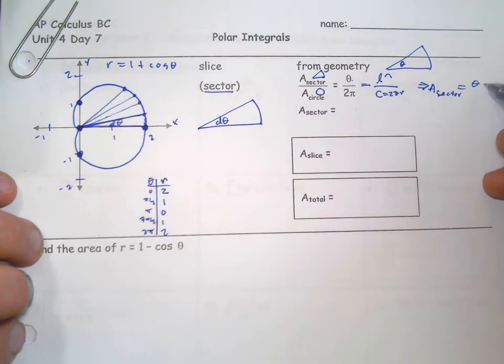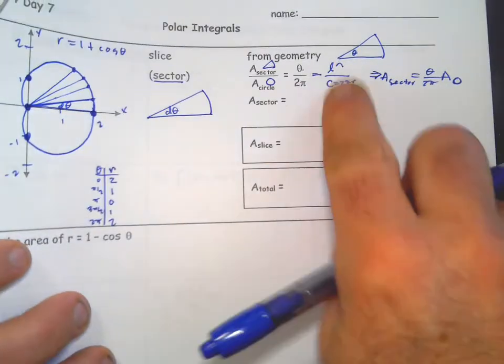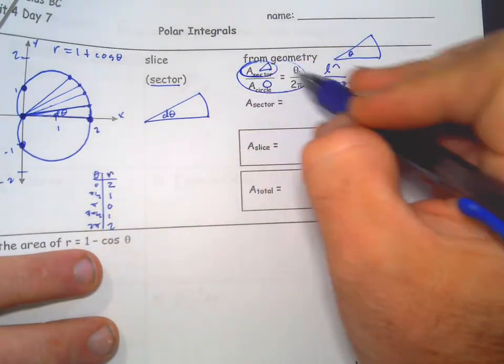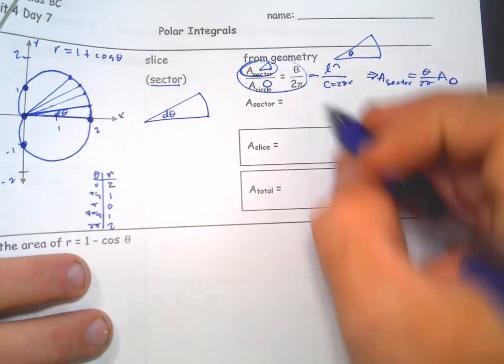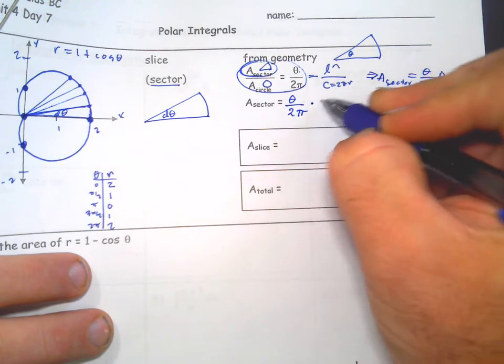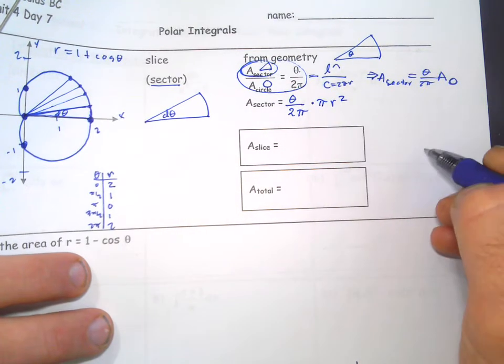is theta over 2 pi times the area of the circle, right? We're not using this, I just threw that in there to remind you. We're using this. We're solving for this. We multiply both sides by the area of the circle. Now, that's going to be theta over 2 pi. Now, the area of a circle is pi r squared.